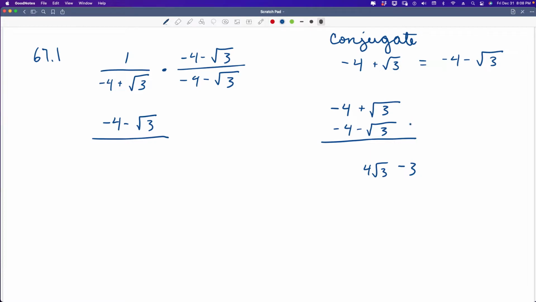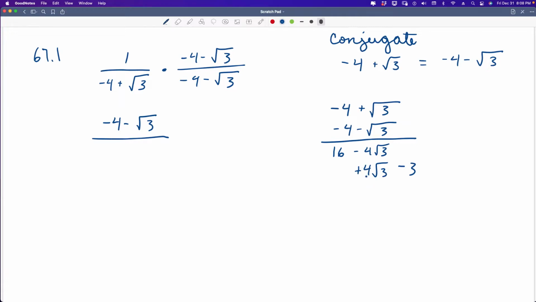Okay. So now we do negative 4. Negative 4 times the positive square root of 3 is going to be negative, so negative 4 times the square root of 3. Now we say negative 4 times negative 4, we get a positive 16.